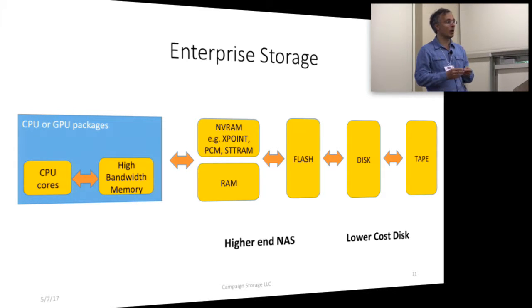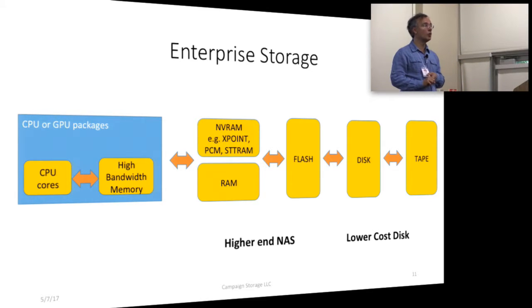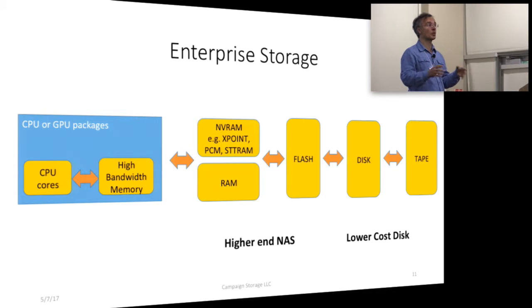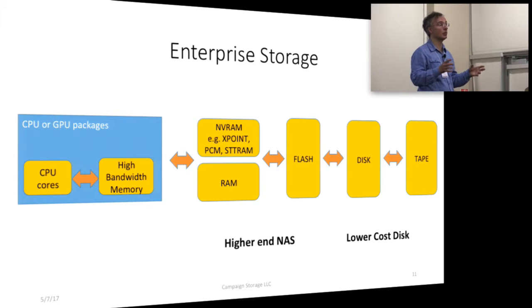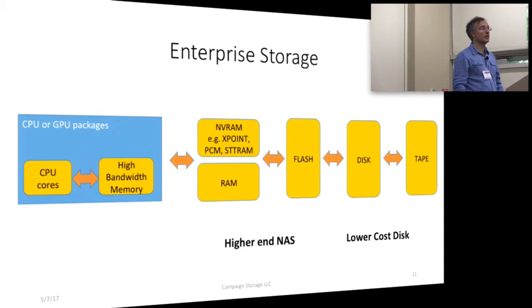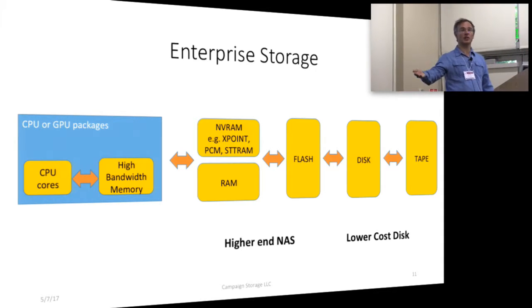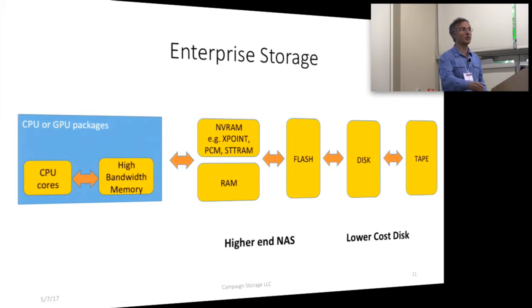I'm not so sure exactly number-wise how much better they are, but they offer much better reliability and often very good performance. This is why people that, for example, run movie studios will buy NetApps or Isilon file servers to have very reliable systems. But these reliable systems are also very expensive, and so they are relatively small, and there is a need to move things in and out of these more expensive storage tiers to a cheaper tier.